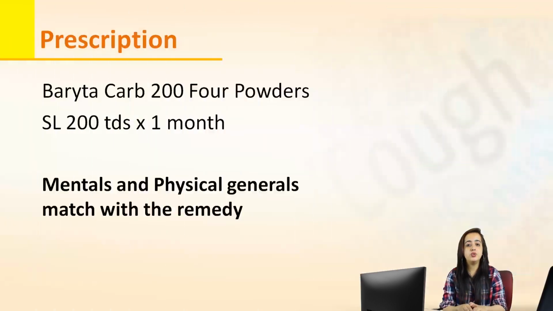So we decided to go ahead with Baryta carb 200 as our prescription. We gave the patient Baryta carb 200, 4 powders and SL 200 TDS for a month. We chose this remedy because the mentals and physicals of the patient were exactly being covered by the remedy.